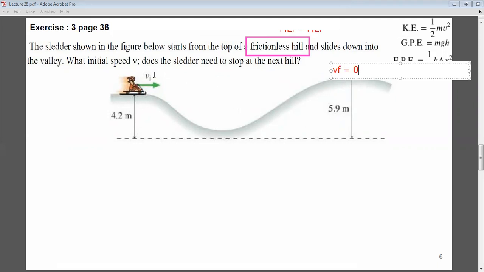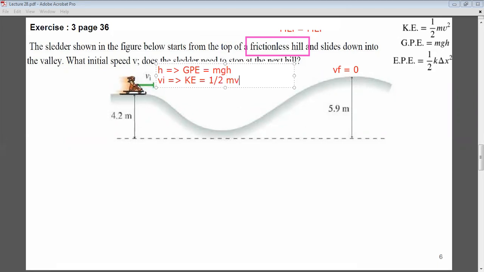So what forms of energy do I have here? It is at an altitude h, which implies there is GPE equal to mgh. There is V initial, which implies there is KE equal to half m V initial square. So mechanical energy initial is equal to mgh plus half m V initial square.